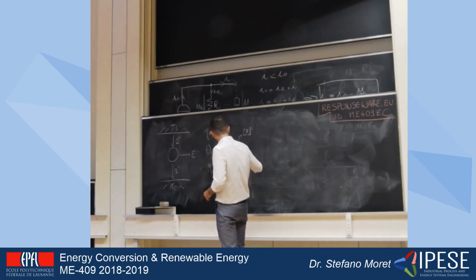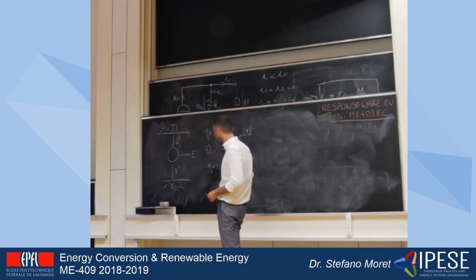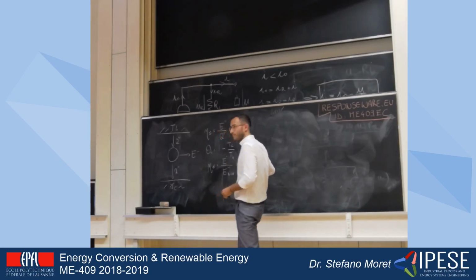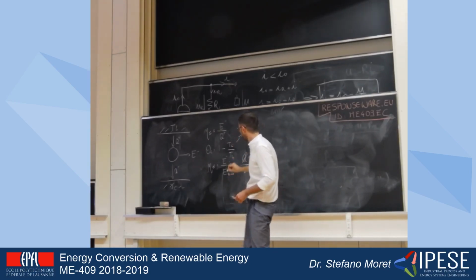This one is equal to the amount of heat times the first law efficiency. The maximum is equal to the amount of heat given times the Carnot factor. So the heat terms cancel, and the second law efficiency is the first law efficiency divided by the Carnot factor. So these three things.